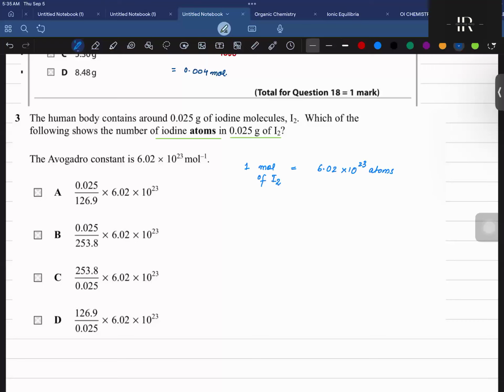Can you tell me the molecular mass of I2 molecule? 126.9. So 126.9 grams is equal to this much atoms, particles. What if I have this much mass? This would be x. So x would be equal to, am I right?